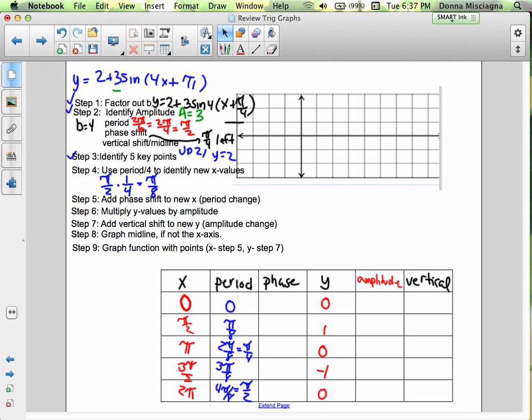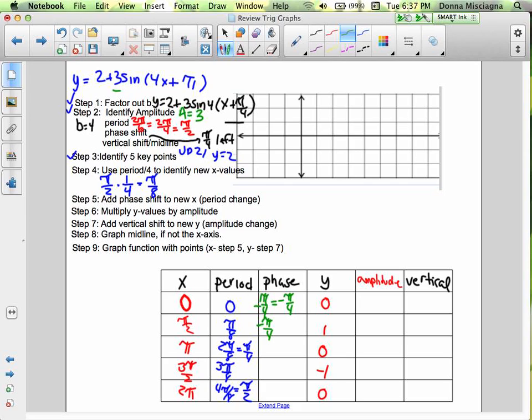Now we need to add, or in this case subtract, our phase shift because it goes to the left. So the next thing is to subtract the values of the phase shift from the period values, for x. We're moving pi fourths to the left, so we're going to subtract pi fourths. 0 minus pi fourths is negative pi fourths. Pi eighths minus pi fourths.